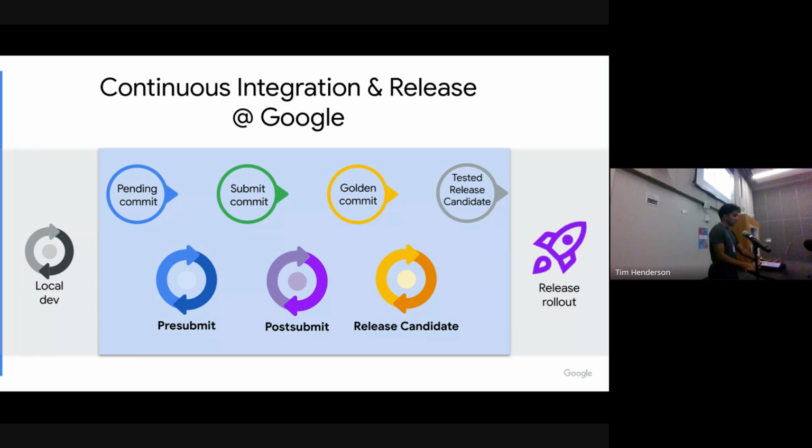You have post-submit testing that is done to create signals for these golden commits that are then used for release candidate creation, which feeds into a release pipeline of various release stages, QA, prod, and so on. I'm going to go through this step by step, try to both motivate why our system is designed like this and explain. Feel free to ask any questions in the middle if you're confused.